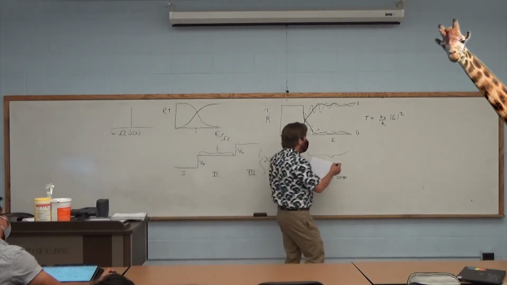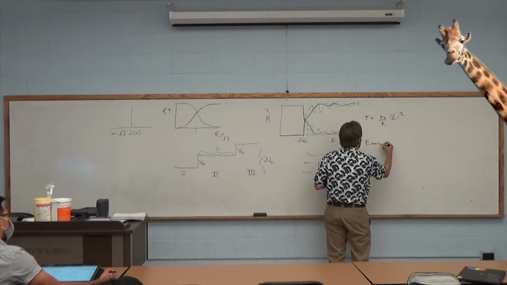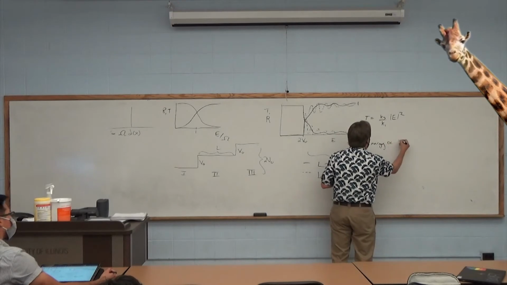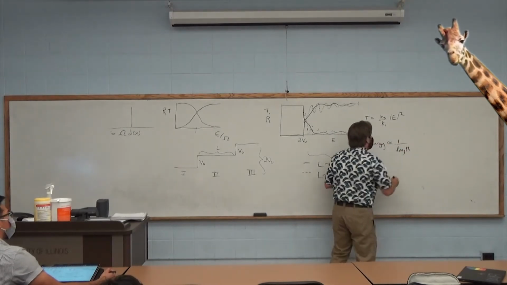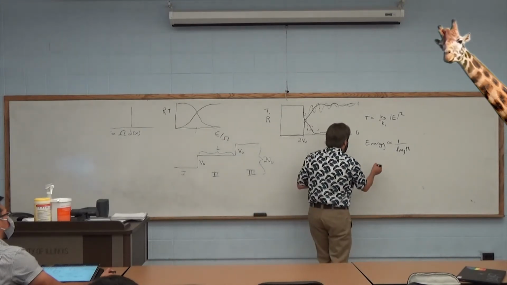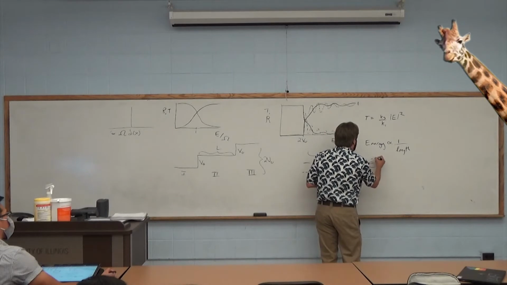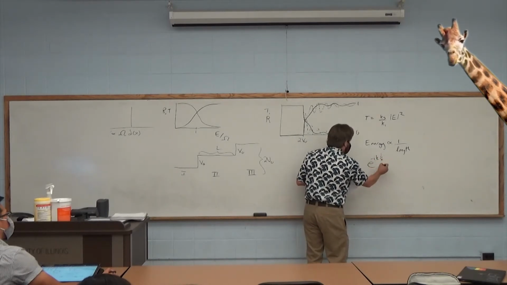One thing I want to point out is that energy is proportional to 1 over length. Right? So at this point, the way this is shown up in multiple ways. Take our waves where x is meters.